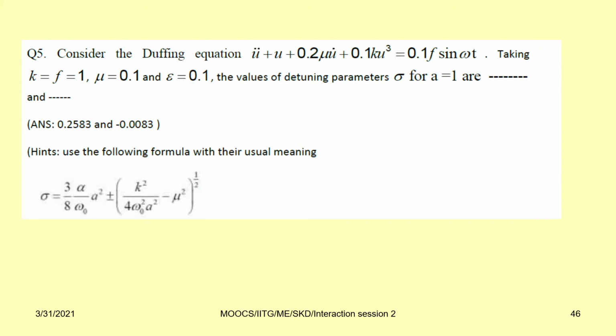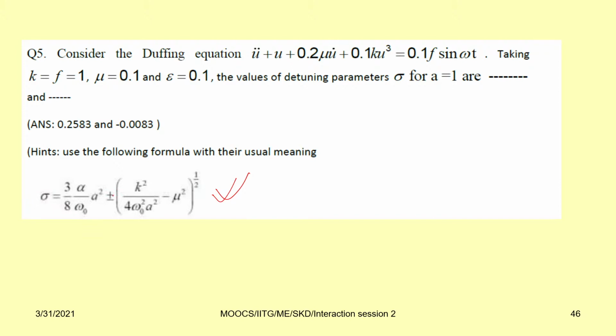You can solve this equation and find it. Some hints are given: this is the solution equation you can get by applying the method of averaging, or by the method of multiple scales also. So you can find this equation. After getting this equation, you write a code.